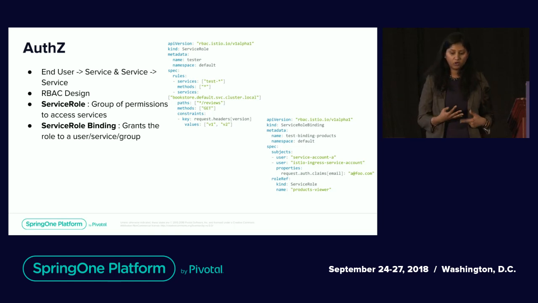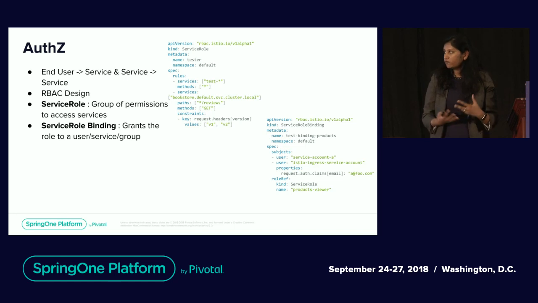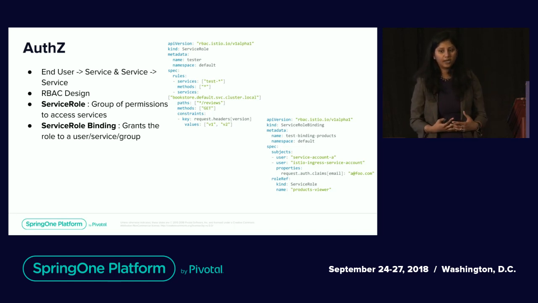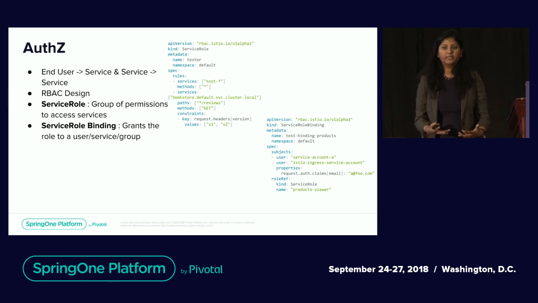Over here too, you have a lot of flexibility in terms of putting filters based on what you receive as an identity. So as part of the binding, you can actually put filters based on JWT claims also. So this is a very flexible model, allowing you to define and design your authorization.